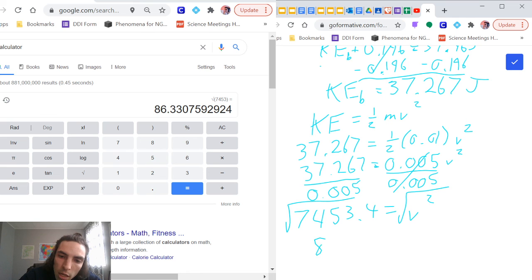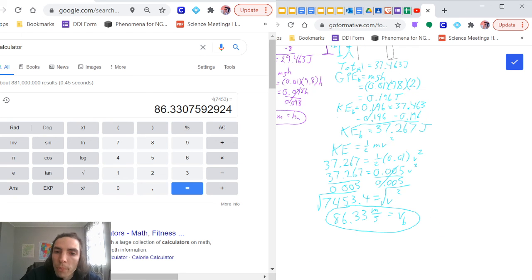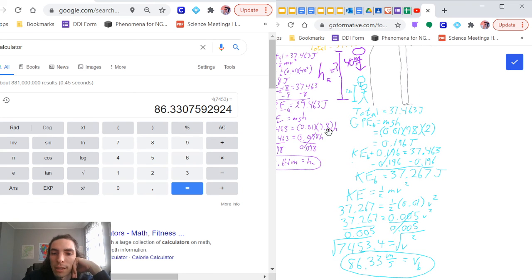That gives us 86.33 meters per second is this velocity at part B. So I'll give that subscript for part B. Whew. Okay, well that's pretty fast. That 86 meters per second, that would probably do some damage to my head, I think.